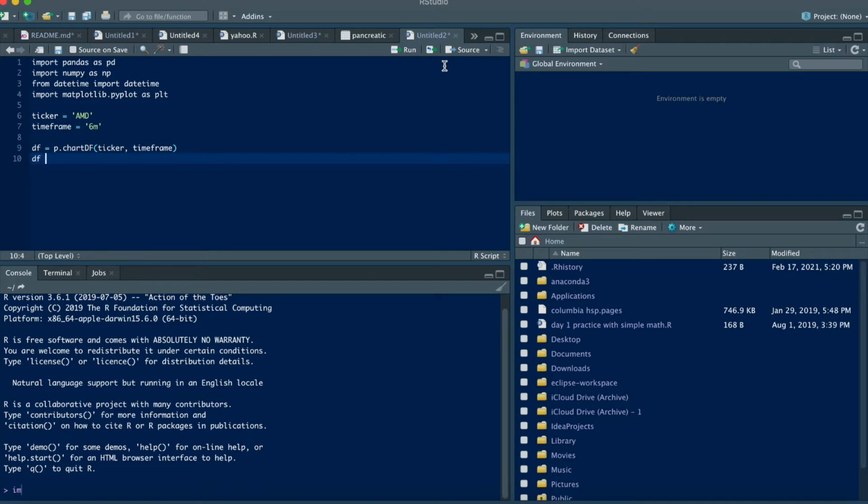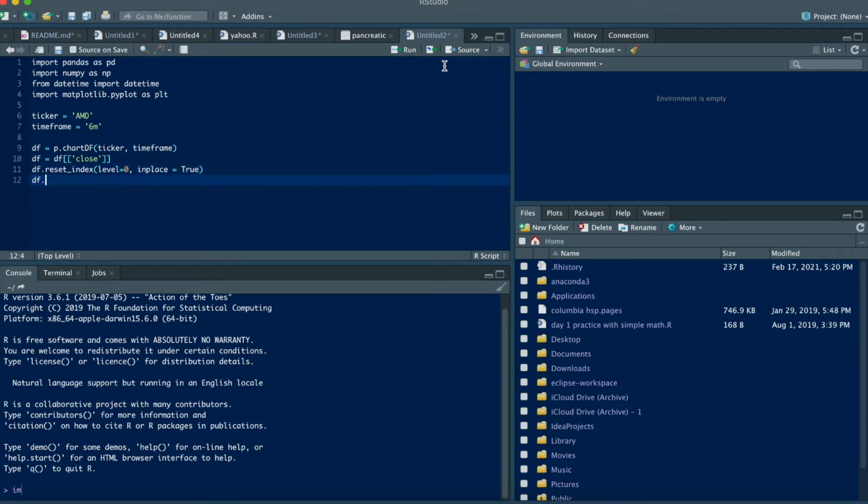The next thing we need to do is df is equal to df, these brackets, and then just write close. And then after that, write df.reset_index, parentheses, level is equal to 0, comma, inplace is equal to True.